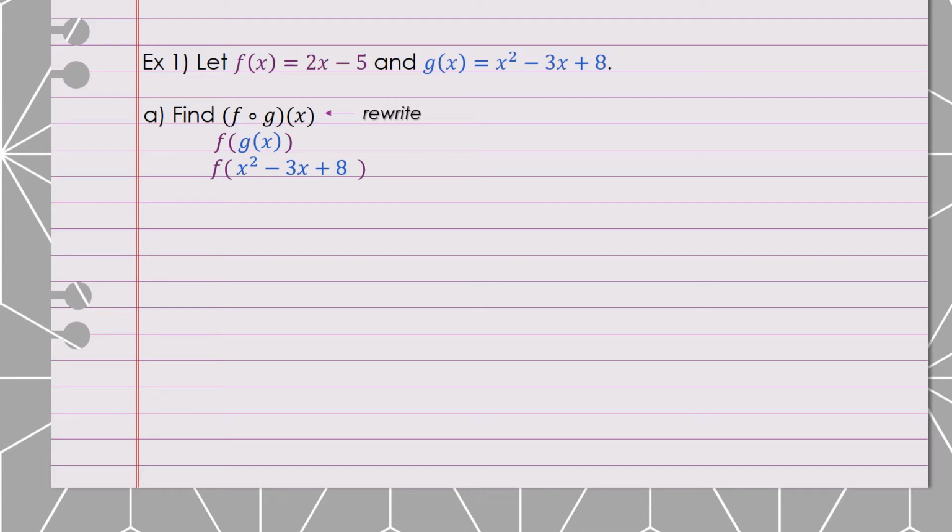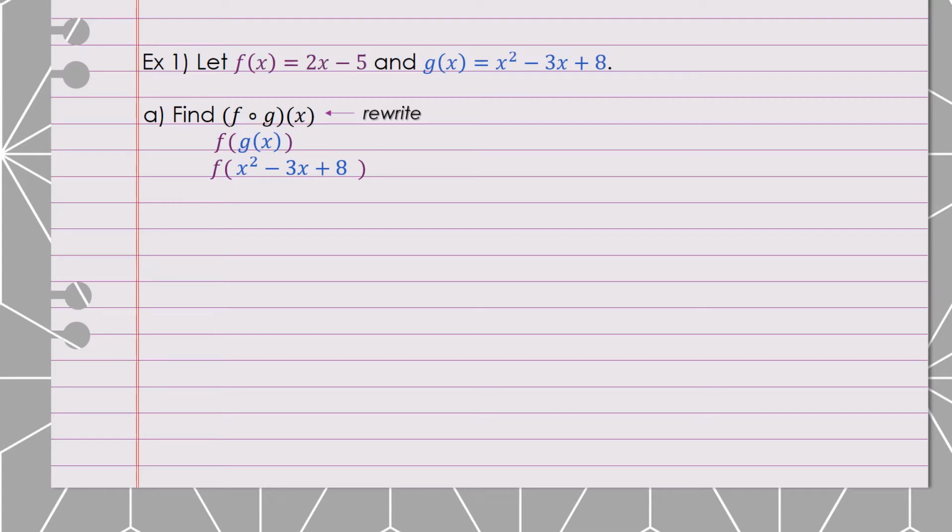No. Any exponents? No. How about multiplication or division? No. Subtraction, addition? No. Which means we no longer look on the inside of the grouping, we now look on the outside. And on the outside you see f.